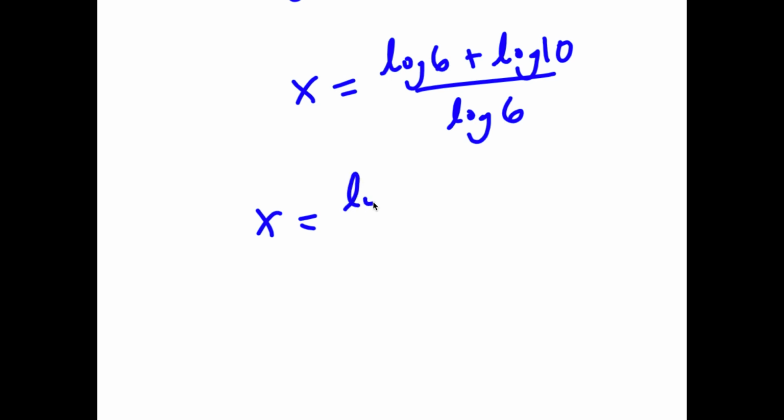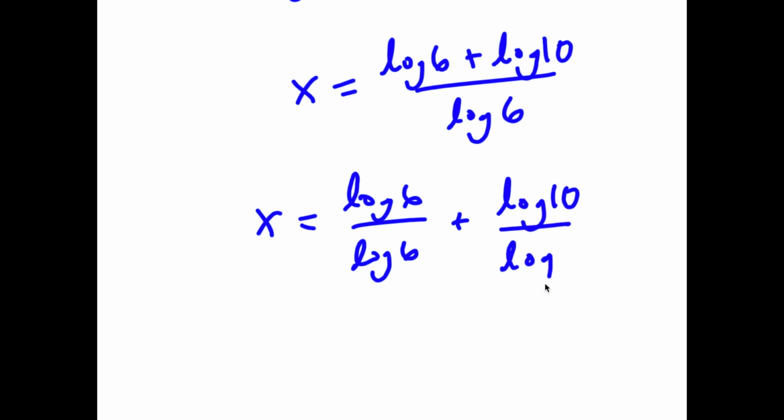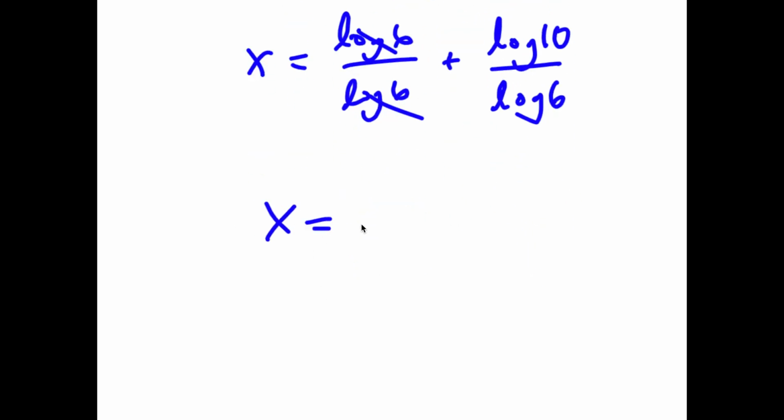So now, this is the same thing as log 6 over log 6 plus log 10 over log 6. And log 6 and log 6, these two cancel out. So now I have x is equal to 1 plus log 10, that's the same thing as 1, so 1 plus 1 over log 6.